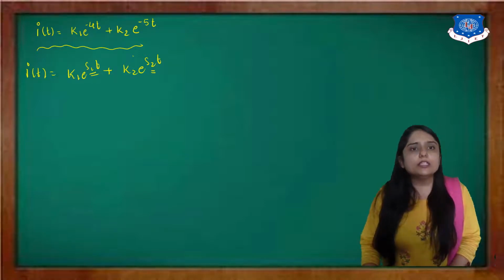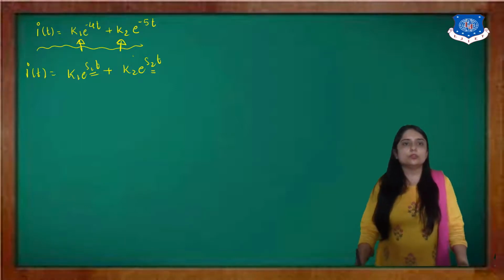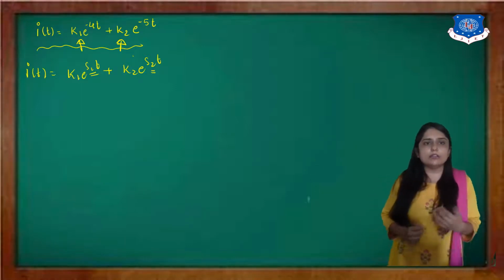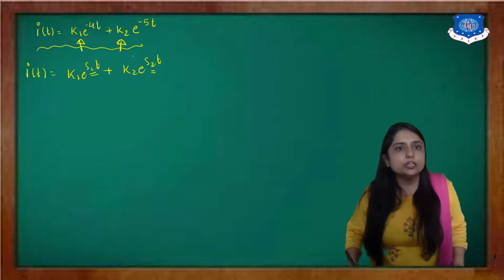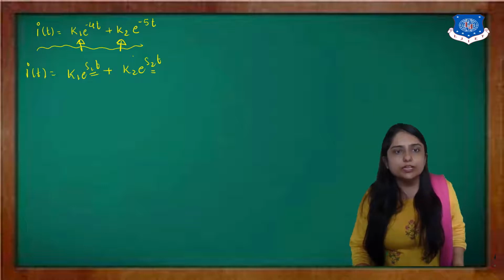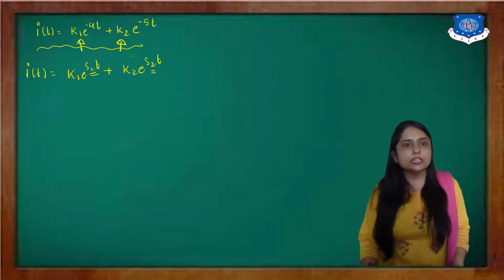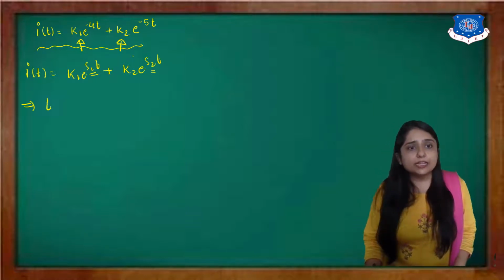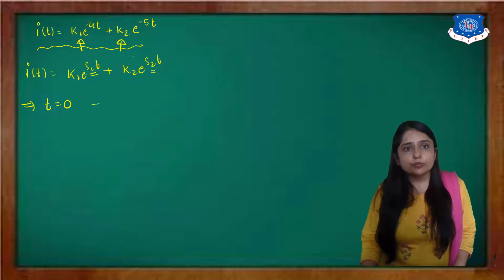Alright. Now I want to find the values of K1 and K2. I'll get these values using the initial conditions. At t equal to 0 minus, my switch condition was open.